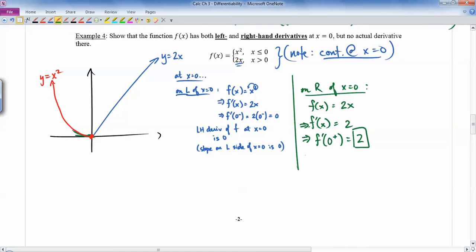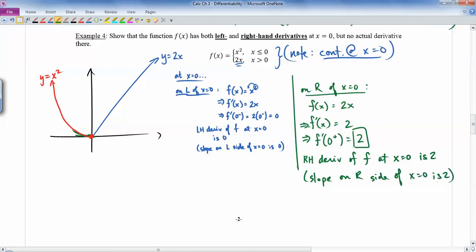So the right-hand derivative of f at x equals 0 is 2. So the slope on the right side of x equals 0 is 2. You can tell that. Right here, this line, slope always equals 2. Right there, just next to 0, the slope is 0.